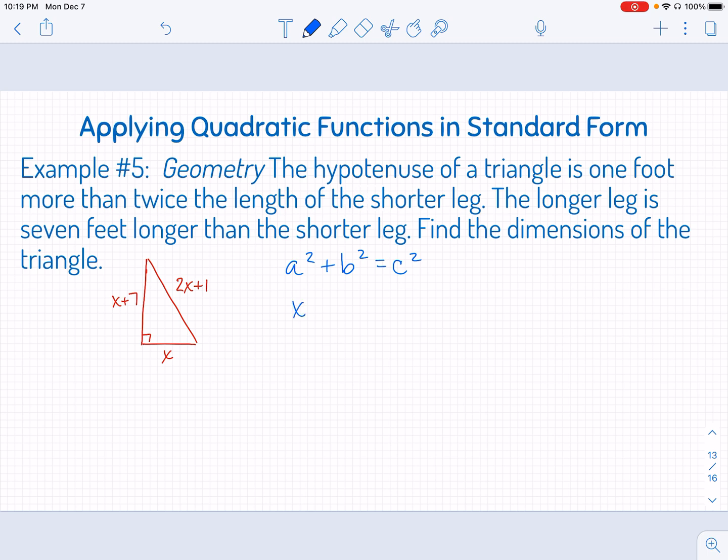So if I replace a with x, b with x plus 7, and c with 2x plus 1, see what I get. I'm going to get x squared plus 14x plus 49. And then over here, I'm going to get 4x squared plus 4x plus 1.